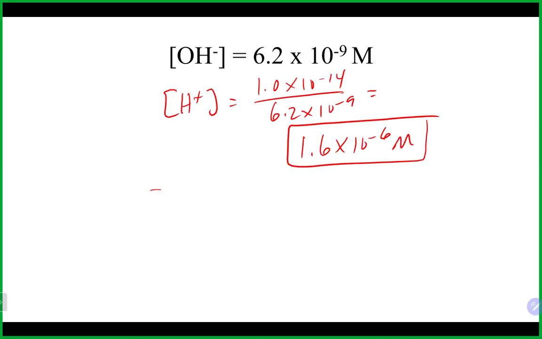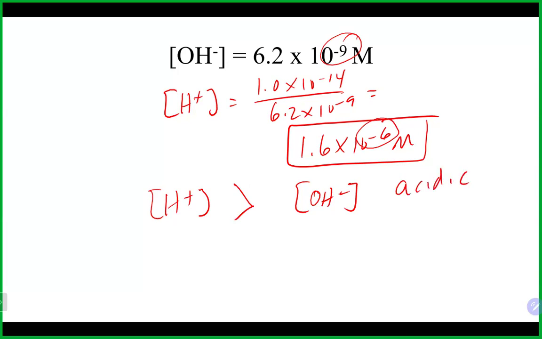Once again, we'll compare the H plus concentration, which is the acid part of the solution, to the OH minus, which is the base part of the solution. In most cases, all you have to do is look at the exponent part, and we see that in this case the H plus is larger, and that would mean this one would be acidic. Any questions on that one?